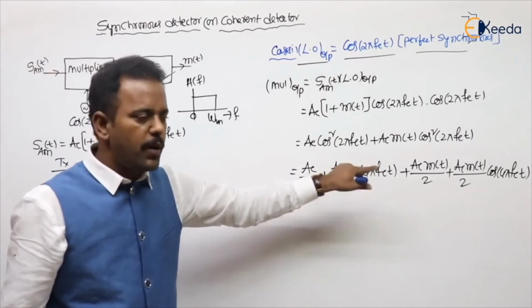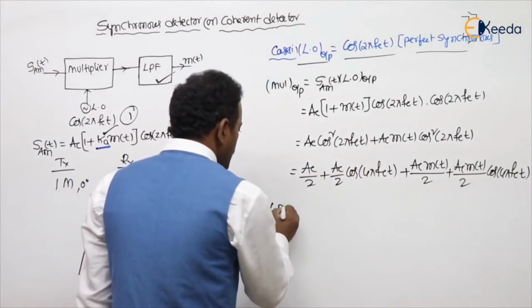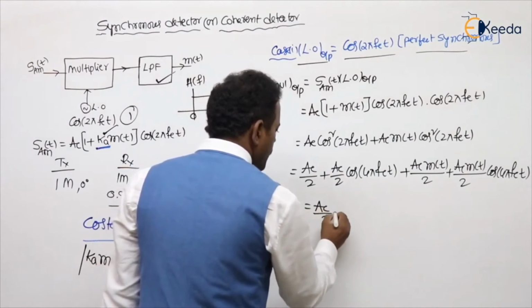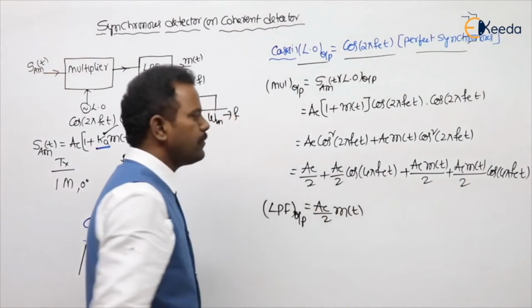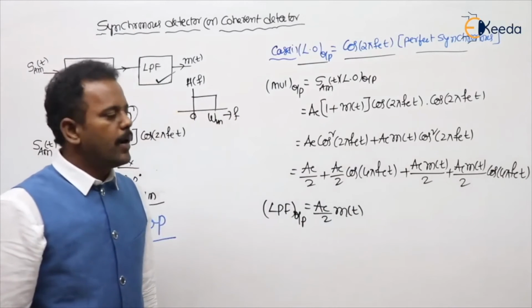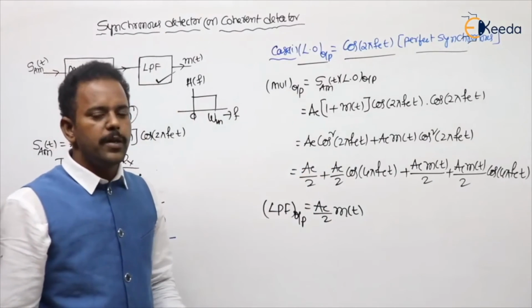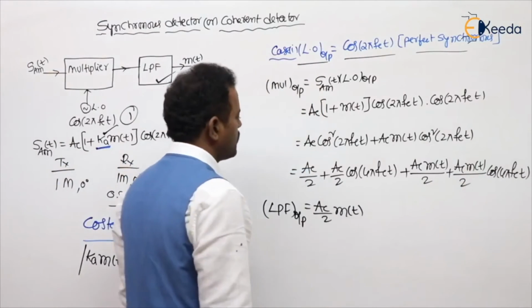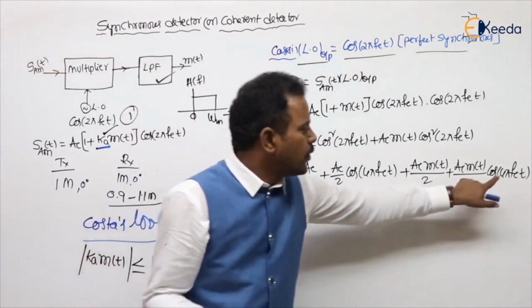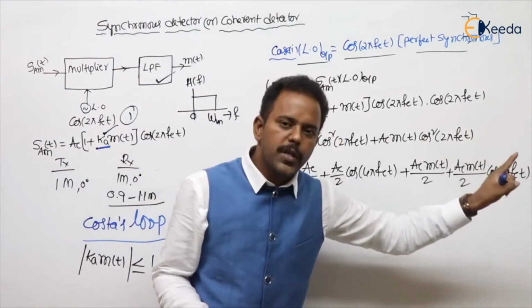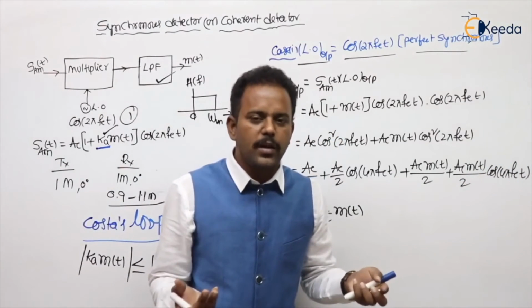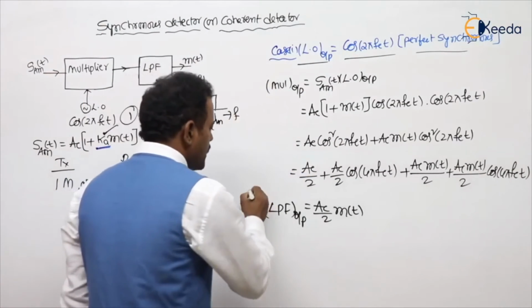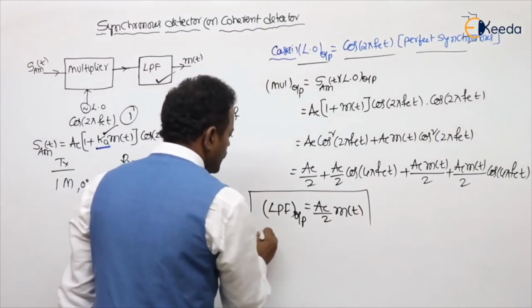The 2fc larger frequency is blocked. The next one is nothing but our m(t), so Ac/2 into m(t). The last term is m(t) into cos 4 pi fct, which means m(t) is shifted to 2fc, so that is also blocked, because it spans 2fc minus omega m to 2fc plus omega m, which is far away compared with omega m. So this is the low pass filter output in the perfect synchronization case.